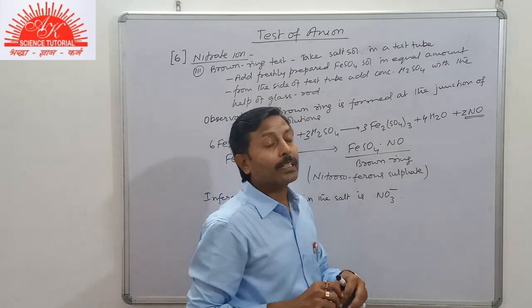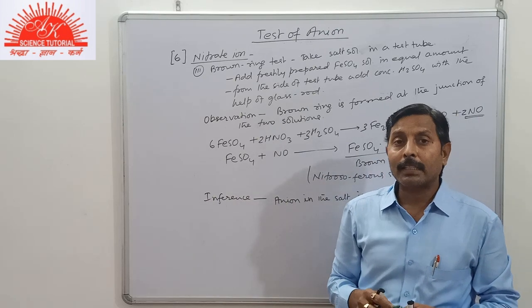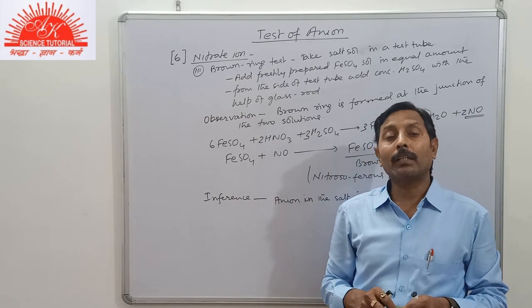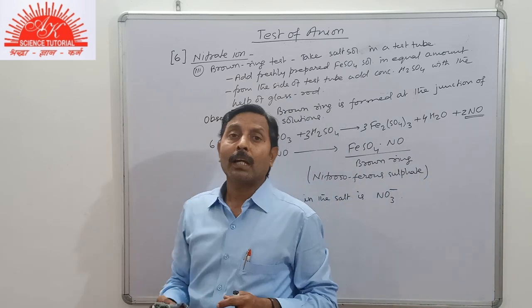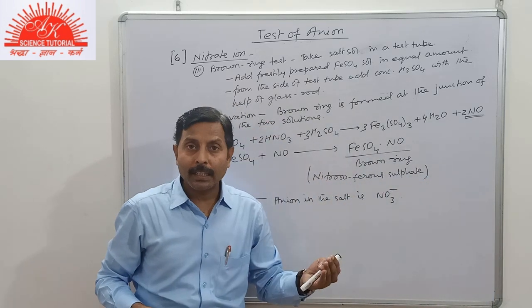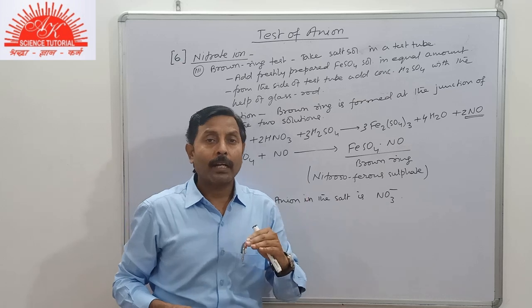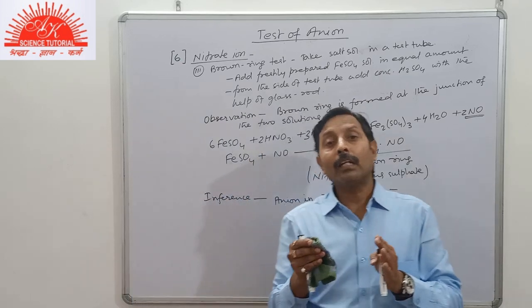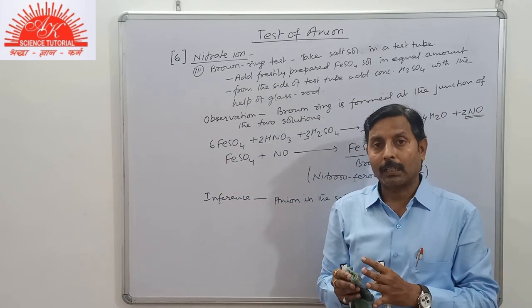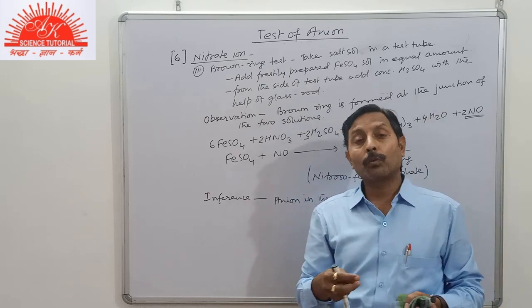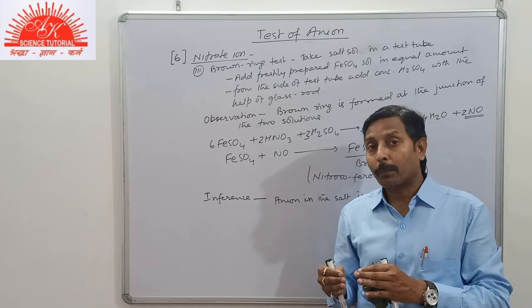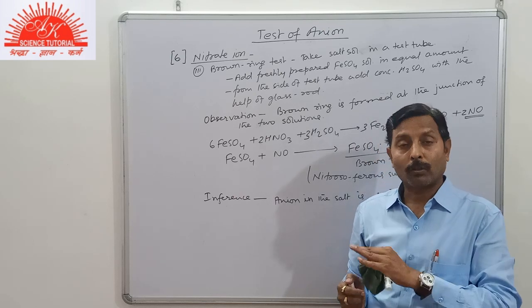So we have studied all the anions generally given in the salt sample. Using this information and with the help of analytical tests for cations, you can identify the given salt in practical. You can also answer the theoretical questions which will form a certain part of your paper. It will be easier for you.